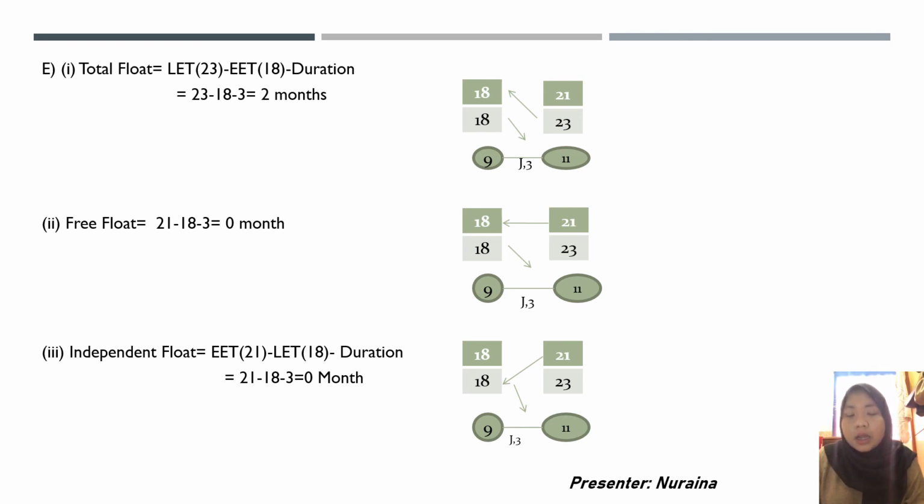And last, independent float. Independent float is the time available if an activity start time is delayed at most and finishes at earliest. As we can see, the formula for independent float is EET minus LET minus duration. So EET 21 minus 18 minus 3, and we get the answer 0 months.